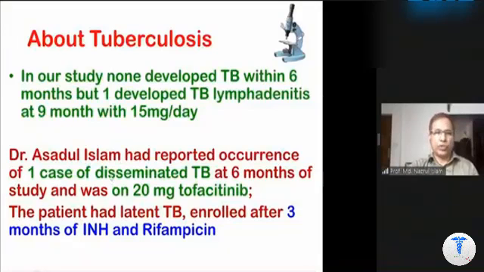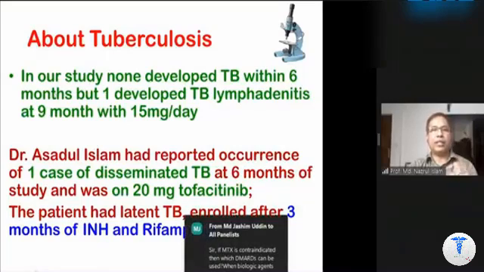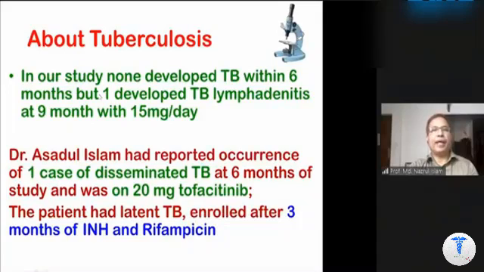About the tuberculosis, from all the 3 studies, Prayush Sharma didn't find any problem, but in my study, we used the tofacitinib in this patient at 15 milligram when he didn't respond to the usual 10 milligram dose.